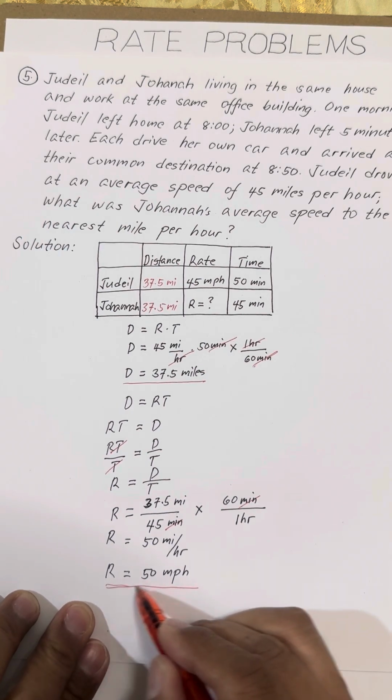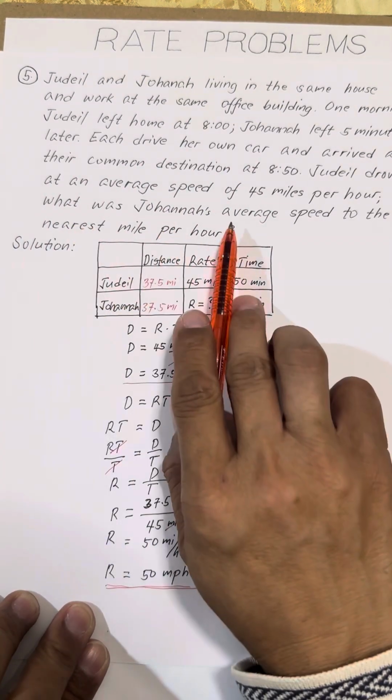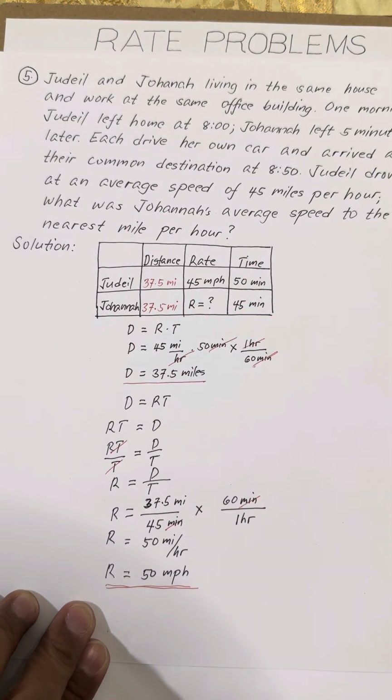So we are asked here, what was Johanna's average speed? So we have to answer that question.